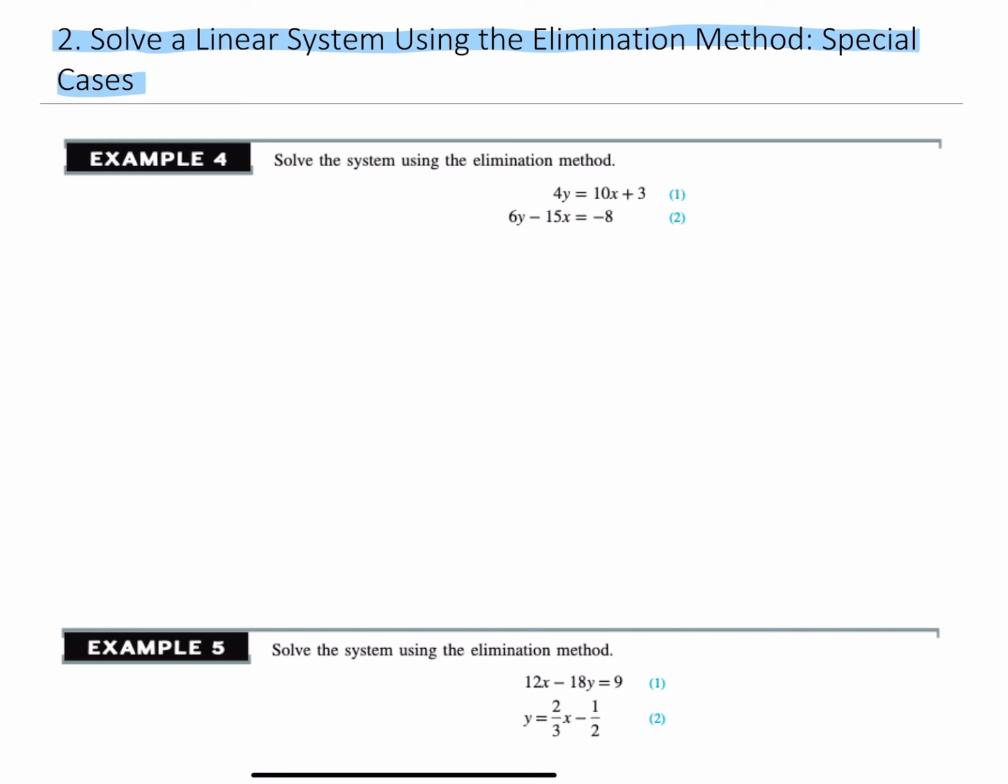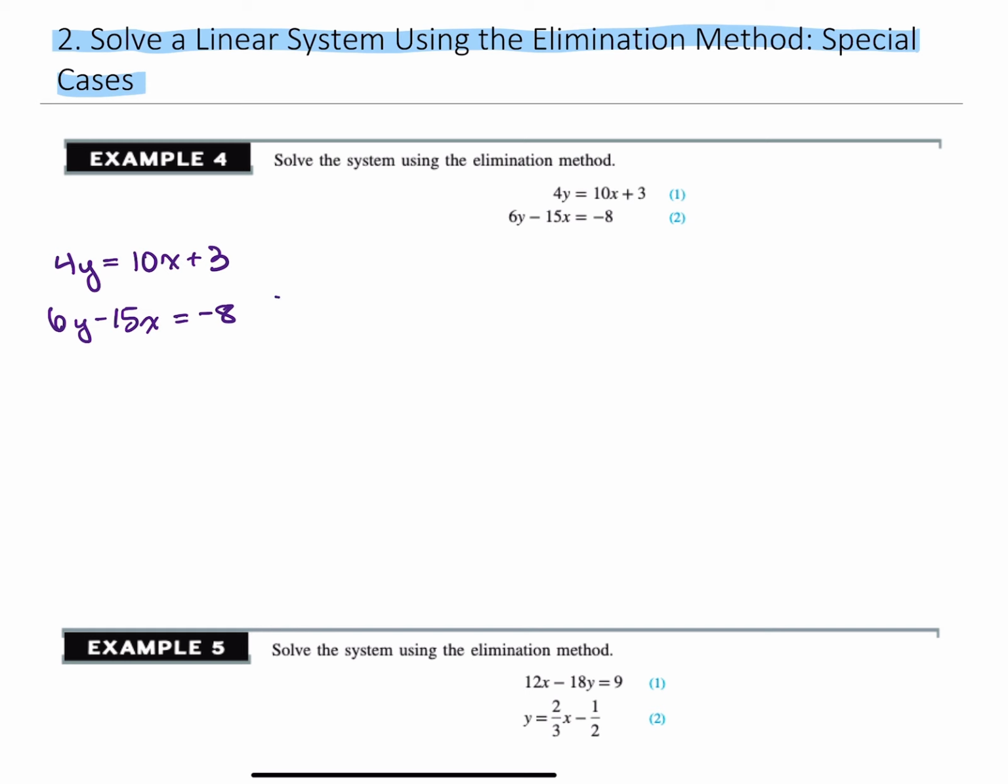So let's see how those two special cases show up in this form as we're solving via elimination. So let's start this in the same way as before. Let me rewrite them out here. We have 4y equals 10x plus 3 and 6y minus 15x equals negative 8.